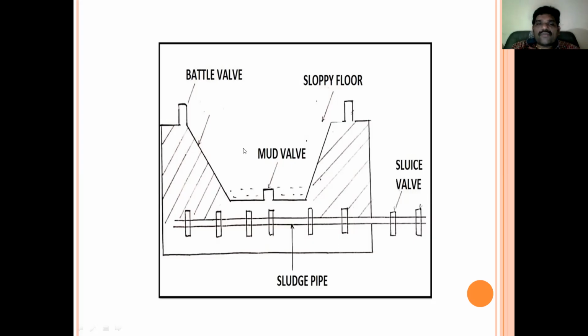This is the sloping wall of the sludge zone. From this wall, the sludge enters the sludge pipe. The sludge pipe leads outside, where the flow is controlled by sluice valves. What this wall is, and the meaning of gate wall and sluice wall, we will discuss in the coming topics. Understand?